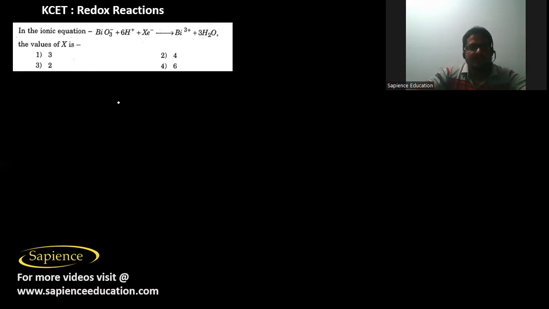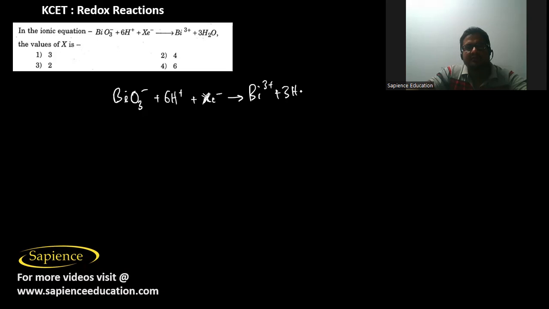Then in the ionic equation, BiO3 minus plus 6H plus plus X electrons goes to Bi3 plus plus 3H2O, the value of X is? Here Bi is in the +5 oxidation state, since 3 times 2 is 6, 6 minus 1 is +5. So it has to gain 2 electrons to get reduced to Bi3 plus.